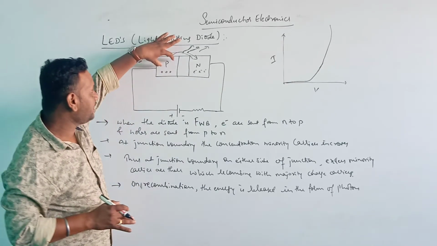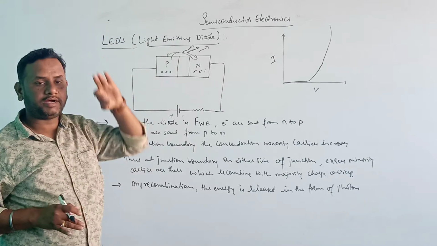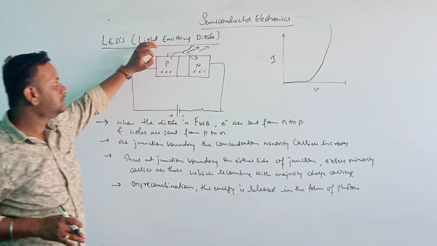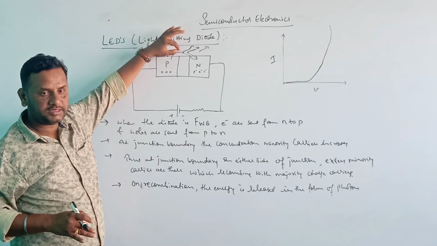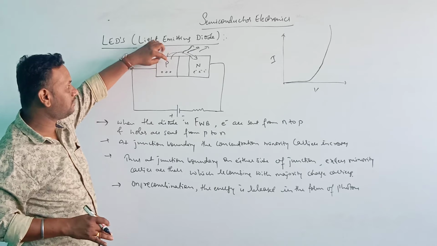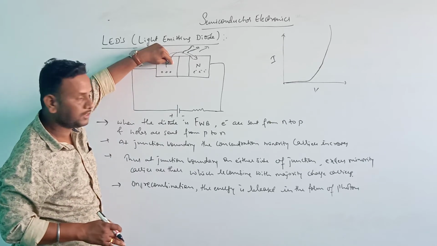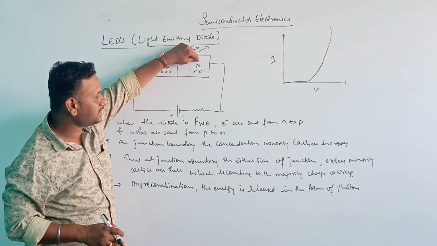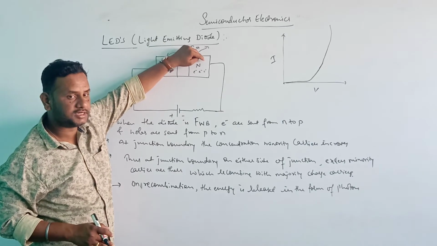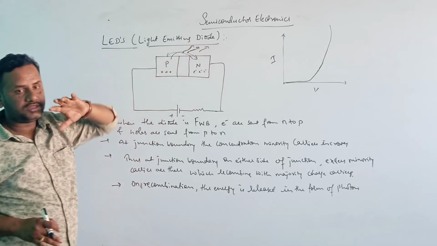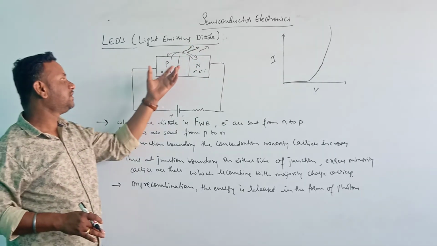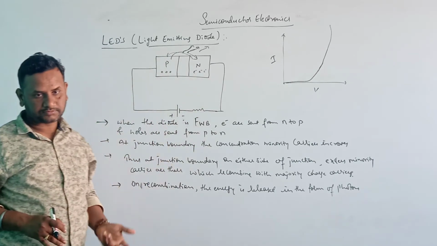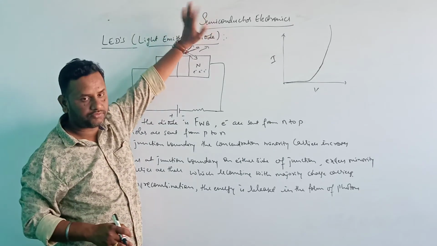Now, on recombination of these minority charge carriers and majority charge carriers, there will be release of some energy. When the minority carriers in the P region recombine with majority carriers in the P region, and minority carriers in the N region with majority charge carriers in the N region, after recombination the energy is released in the form of photons.